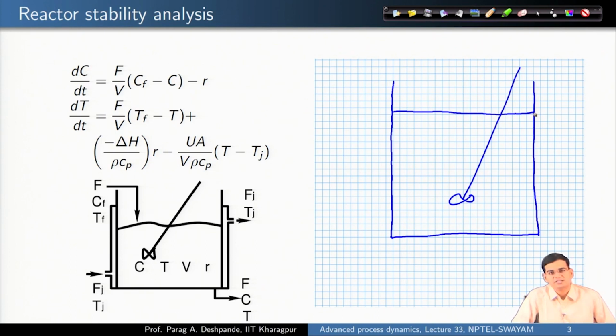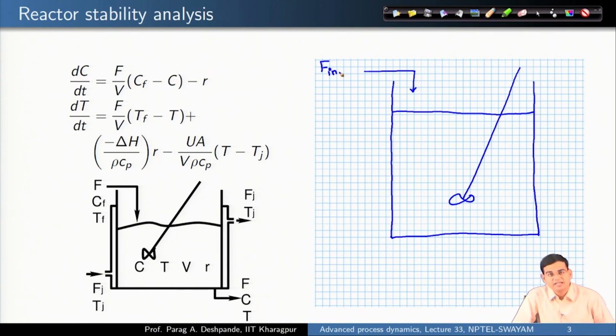Okay. It is a continuous mode of operation. So, there would be an inlet flow. So, let us say that the flow of material in comes at a volumetric flow rate F in. Okay. So, F in is the volumetric flow rate of the material which is coming in.